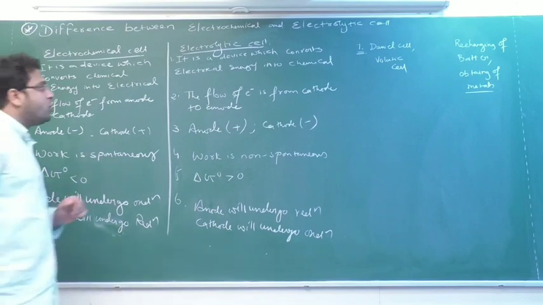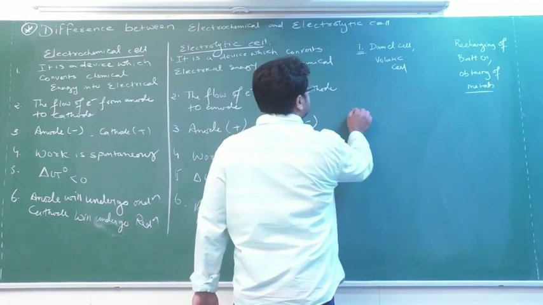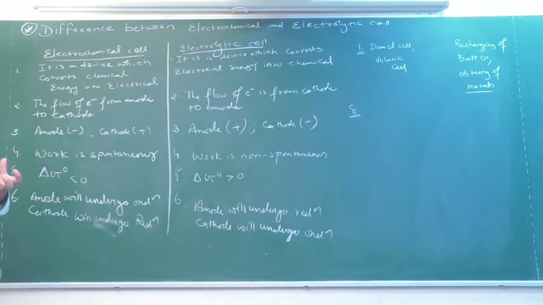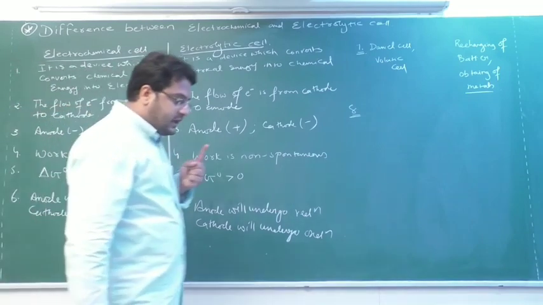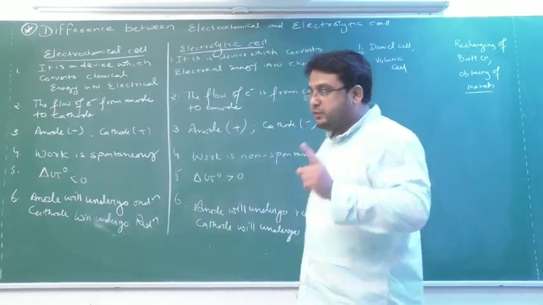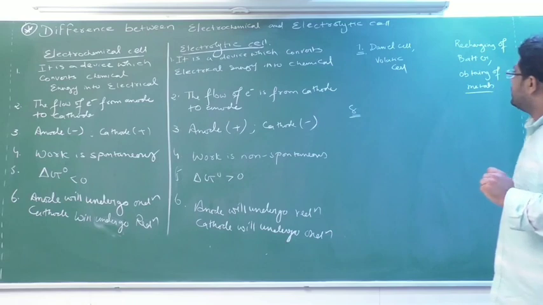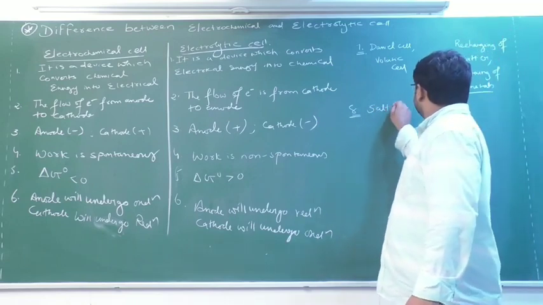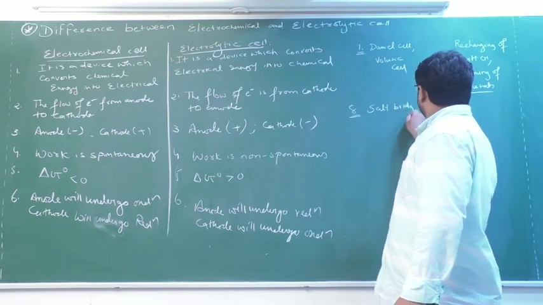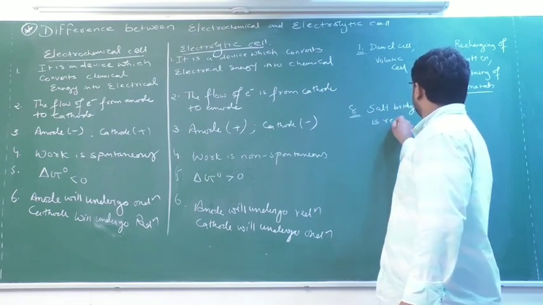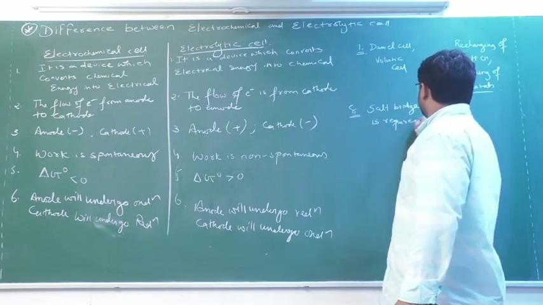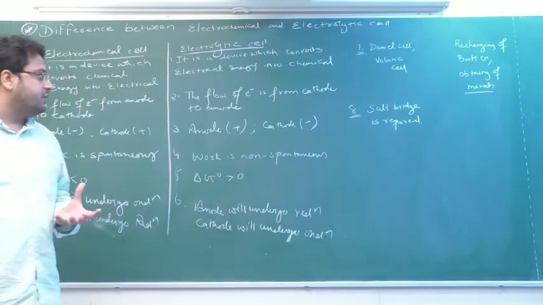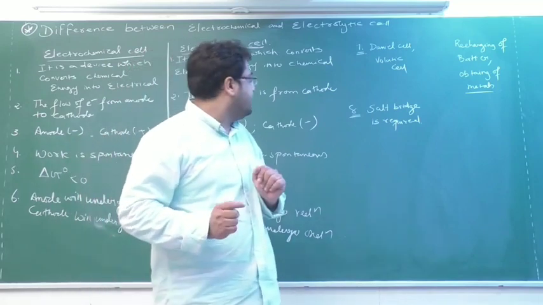Okay, one more important point that I forgot to tell you. See here, remember, a very important and very basic point. In an electrochemical cell, the circuit was not completed without a salt bridge. Yes or no? So in an electrochemical cell, a salt bridge is required. I hope you remember. See, in an electrochemical cell, what are we having? We are having one anode compartment and one cathode compartment.